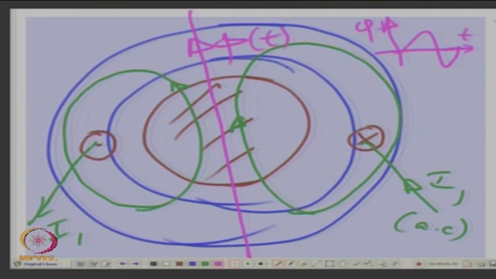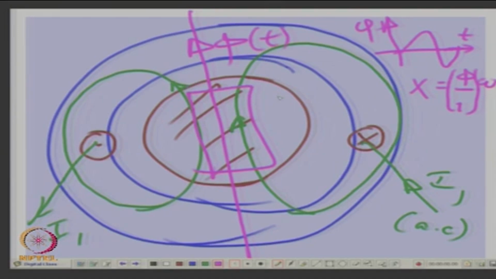It is equivalent to placing a magnet somewhere here whose strength is changing. This flux passes through both the stator and rotor cores. Then X will be nothing but the flux divided by current, which is the inductance, into the number of turns, into omega, which you call the reactance. That is what we had done.